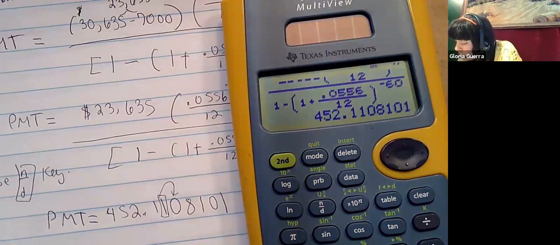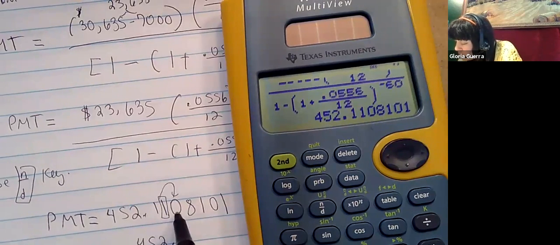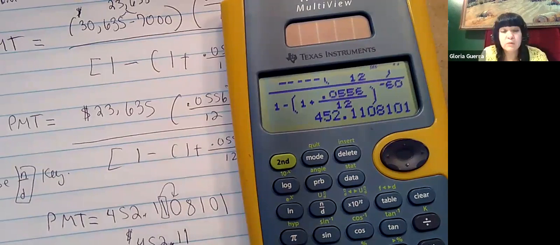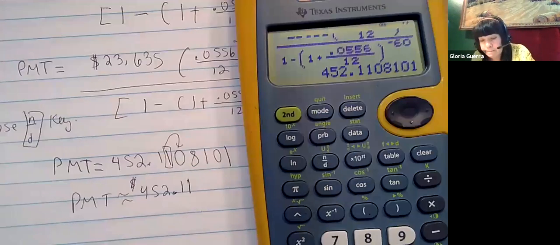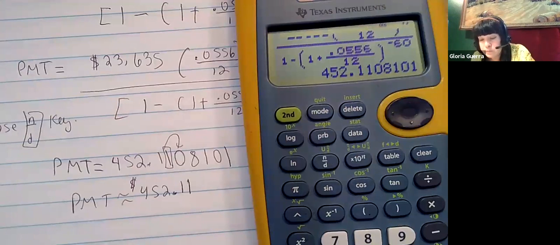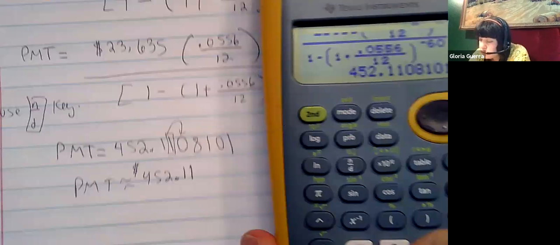No. So we have approximately 452.11. This is not 5 or more, so this remains the same. It remains a 1. So the monthly payment is about $452.11.